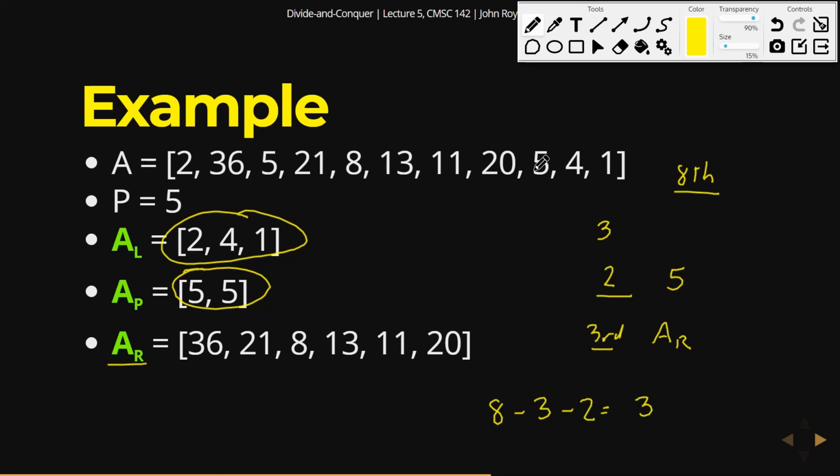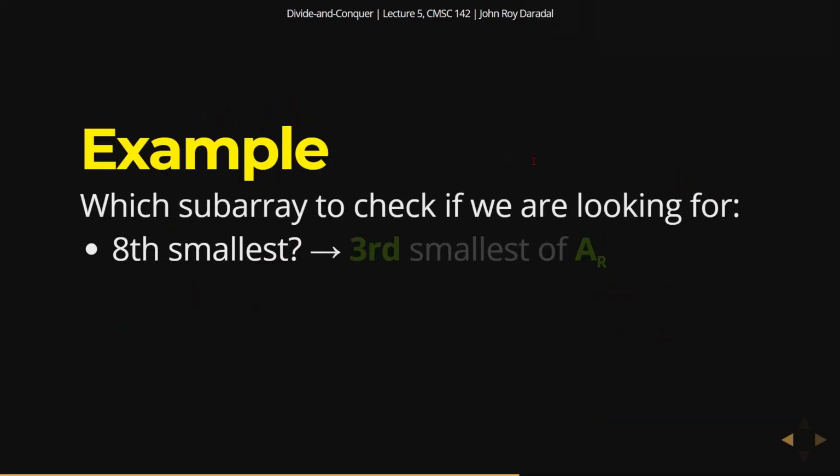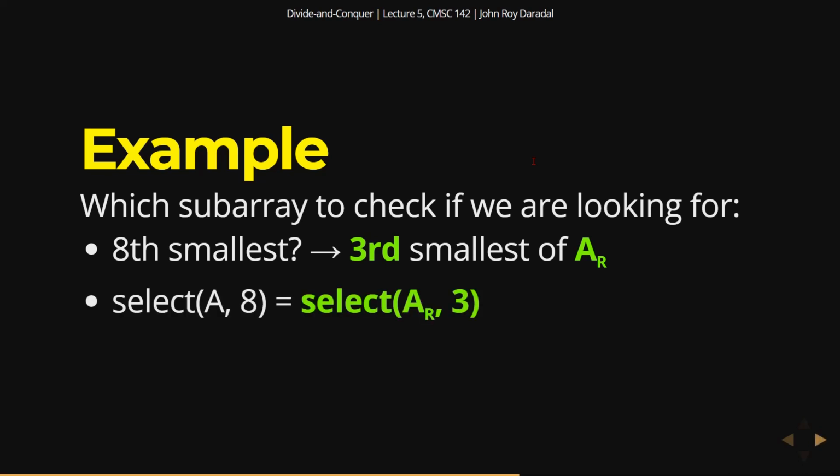So we are sure that it's in A sub R, and it's the 3rd item of A sub R. Okay, so now we can reduce our selection for the 8th smallest element to the 3rd smallest of A sub R. So we can reduce that sub-problem.